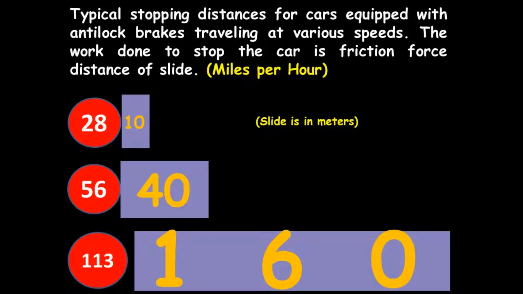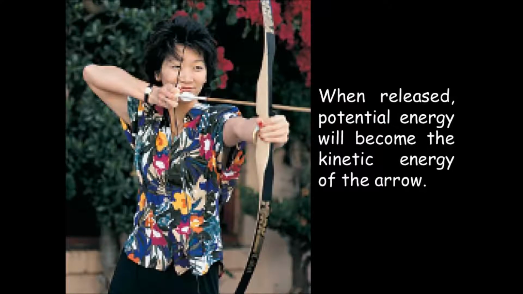Now, you all know what a bow and arrow is, Robin Hood, hunting, etc. In the next example, an archer is pulling a string back, so there's potential energy there. What's potential energy? Well, it's force times distance. This is like mgh, but it's not really height because we're not going vertical. But there's an amount of distance involved here.